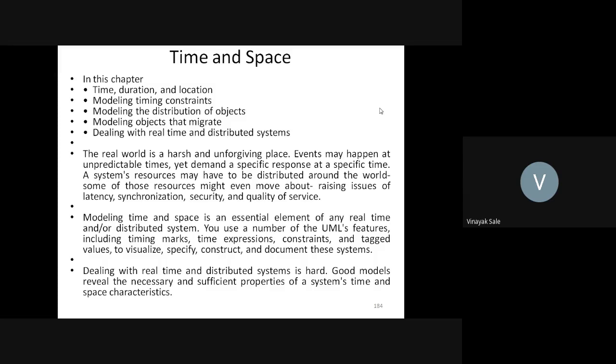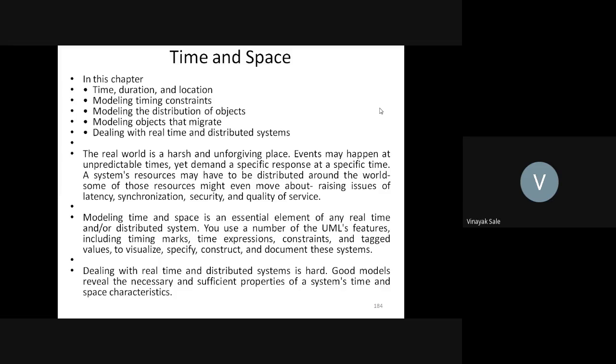Some of those resources might even move about, raising issues of latency, synchronization, security, and quality of service. Modeling time and space is an essential element of any real-time and/or distributed system.